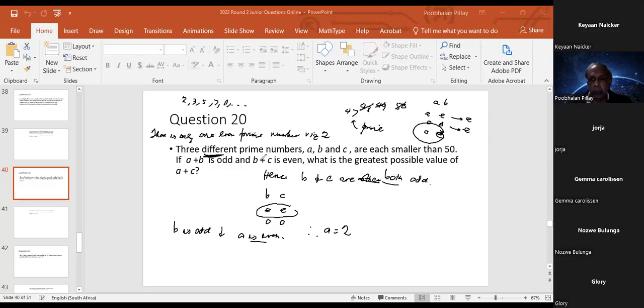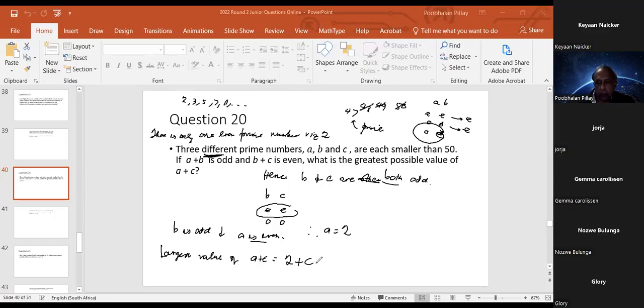So now the question is, what is the greatest possible value of A plus C? So you need to know the largest value of A plus C. We know A is 2 now, and C is a prime. So in other words, you want to find the largest value of C. But remember that all the primes are less than 50, right?